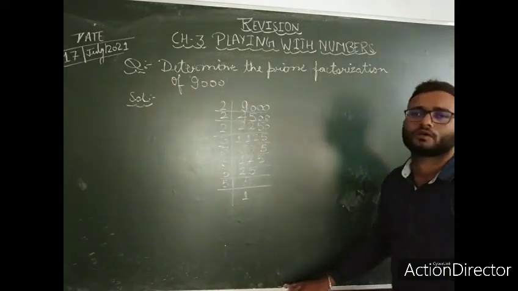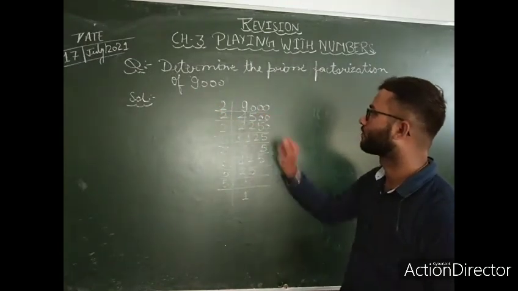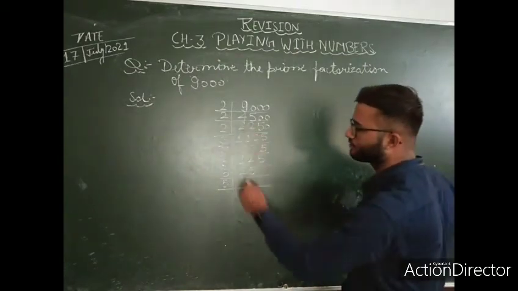Right? So here we see these are the prime factors of 9000.